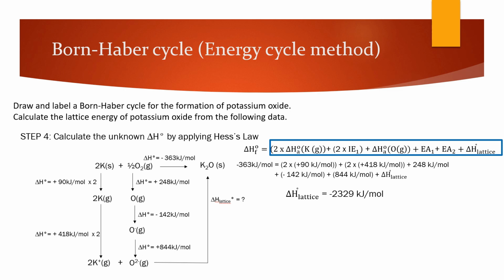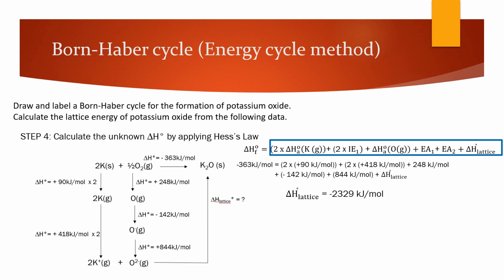And our series of steps here is 2 times the enthalpy of atomizations of potassium plus 2 times the first ionization energy of potassium plus enthalpy of atomizations of oxygen plus first electron affinity of oxygens plus the second electron affinity of oxygen plus the lattice energy for potassium oxide.